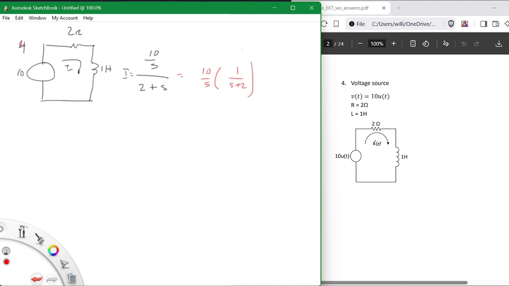Okay, so what's the split here? S is in the denominator. This is in the denominator. This is in the denominator. You can split these apart. This is the numerator, the denominator is the denominator.